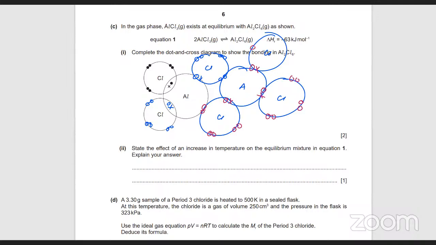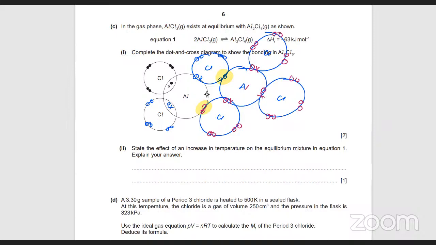It forms 3 covalent bonds, except then 2 dative bonds were formed, because this Al had an incomplete outer shell, so it got 2 electrons from the neighboring Cl, so it ended up forming 2 dative bonds. One dative bond is formed here, and the other one ended up forming on that side. So that's the dot and cross diagram to show Al2Cl6, that's a dimer.